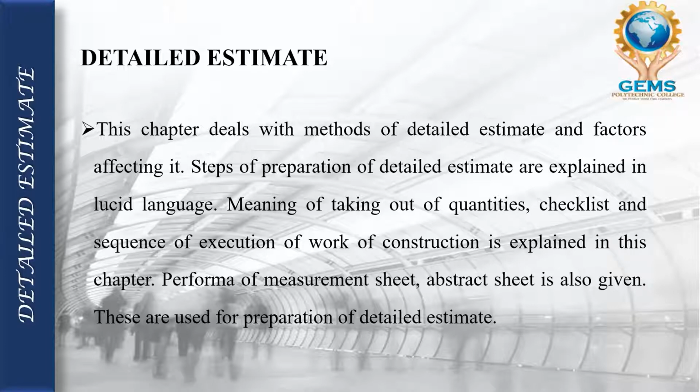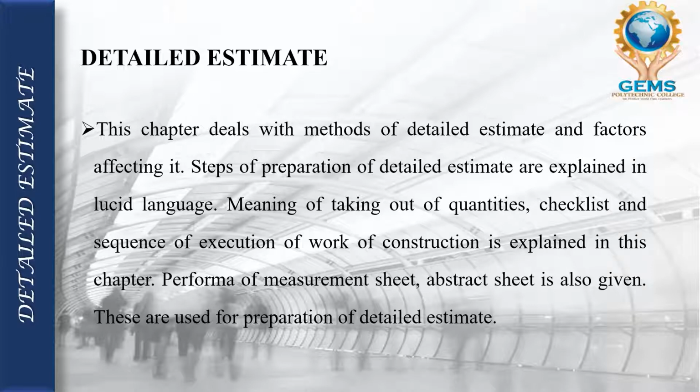Then the second term, abstract sheet. What does abstract sheet mean? The cost under each item of work, calculated from the quantities already computed at a workable rate, with the total cost worked out in a prescribed form, is known as an abstract sheet. We have already found out the quantities, right?